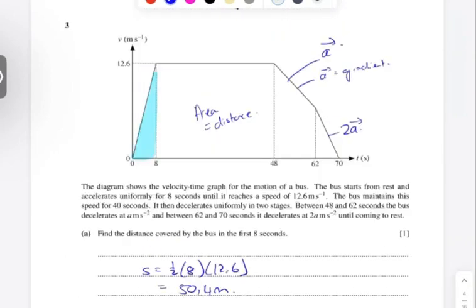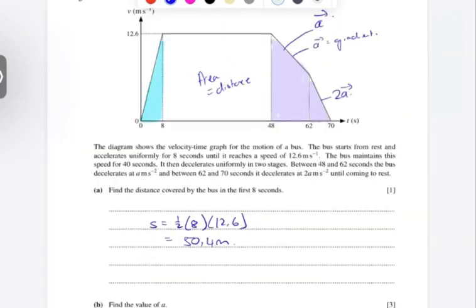All right, so now I know the distance that it's accelerated for, and I know that it's coming to rest again. So basically, it's got to decelerate and come to rest, and decelerate and come to rest over here. This thing is going at a constant velocity.